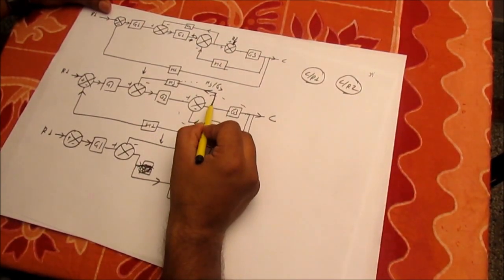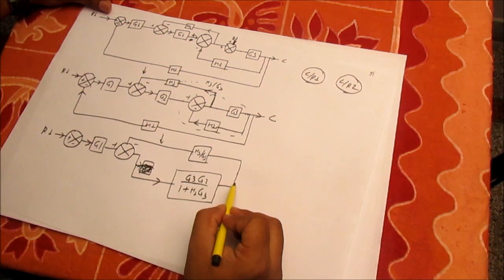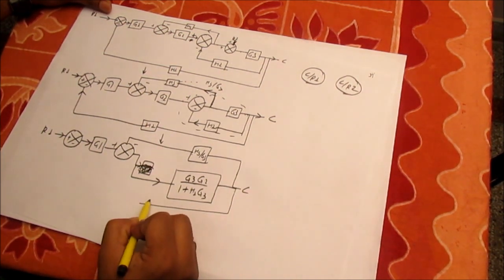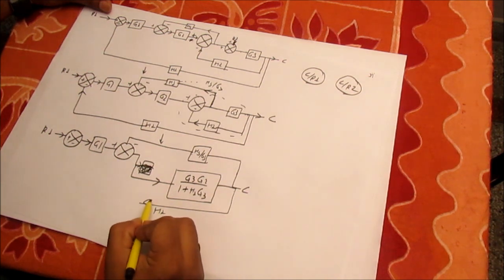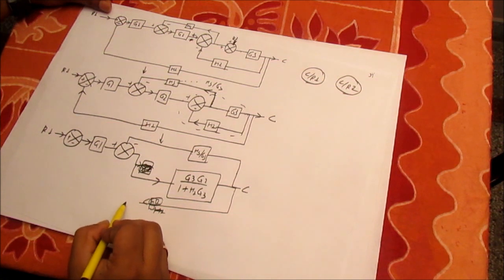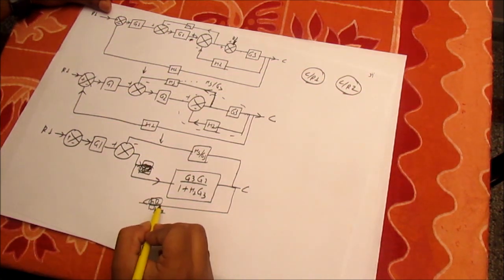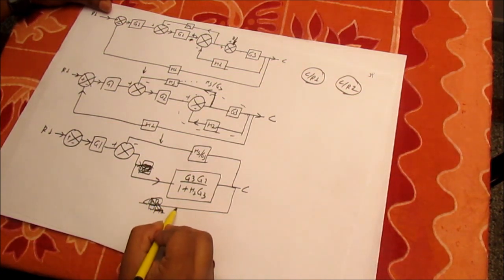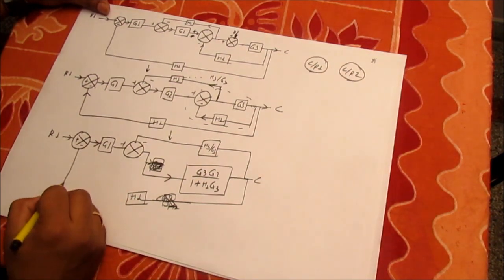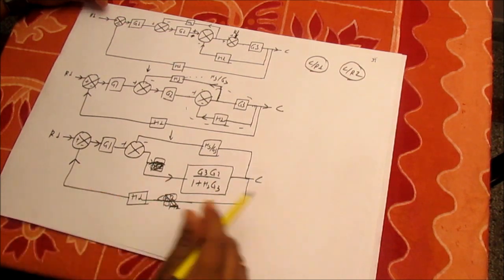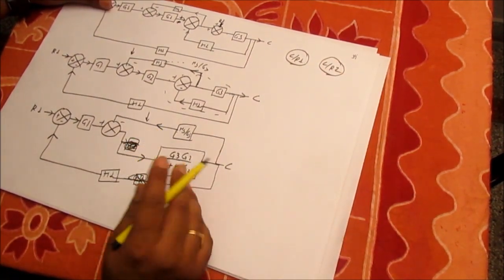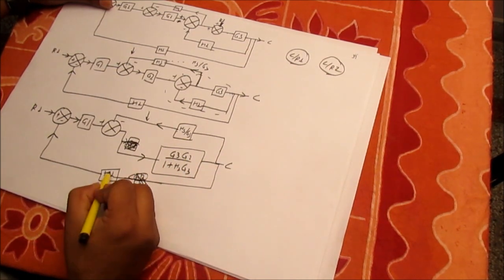I have moved this takeoff point from here to here, and I have here output C. And this is H1, sorry, which is going to this minus position. So we have reduced the system to this system.